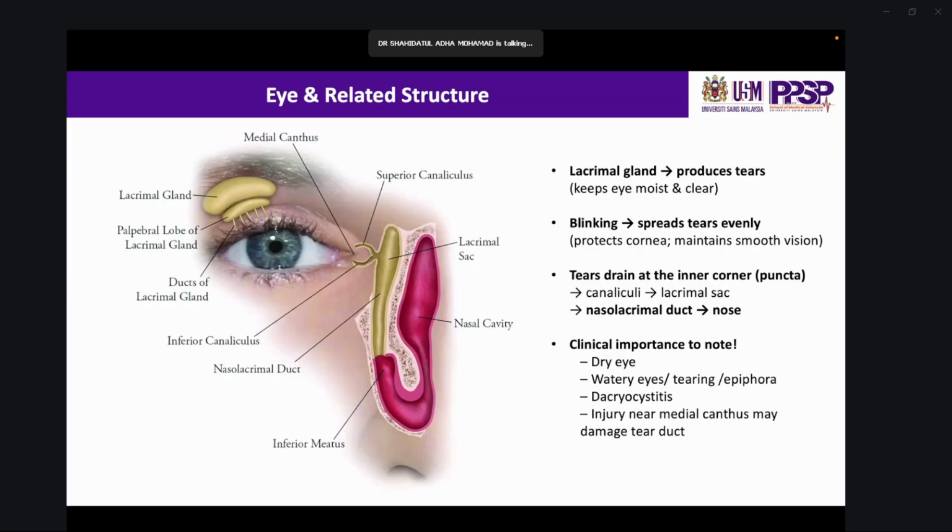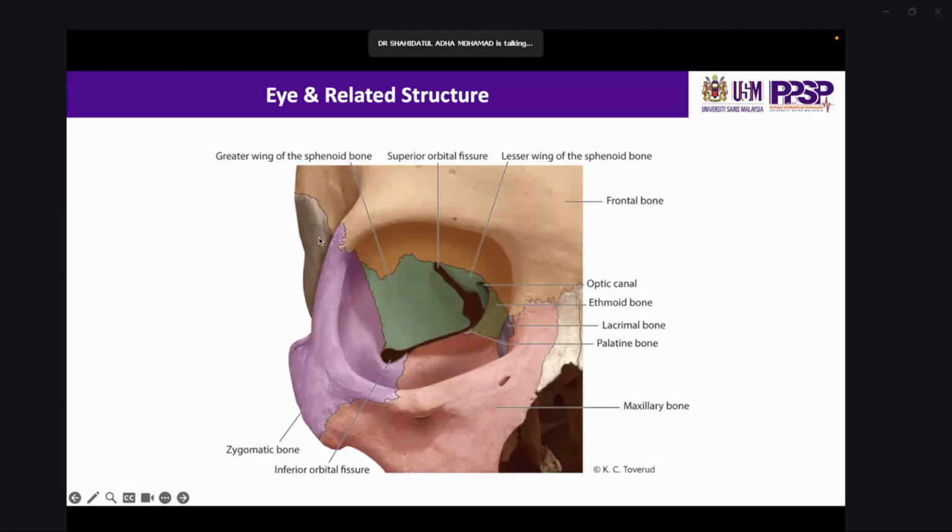If you look here, this is the bony orbit, where our eyeball is situated. Why I put it here is because of its importance in trauma-related injury, or perhaps some cancer involving the bones.